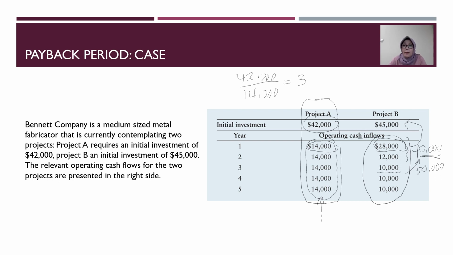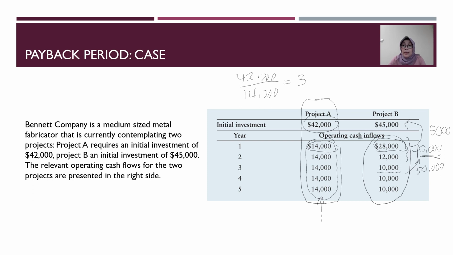So we have to calculate how much more cash inflow we need to recover all the initial investment. From here, we only need $5,000, right, to recover the $45,000 initial investment.